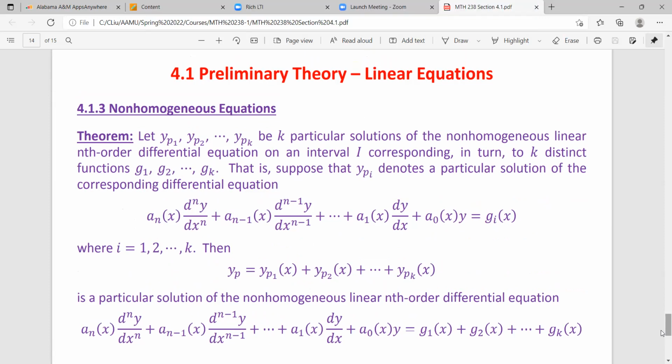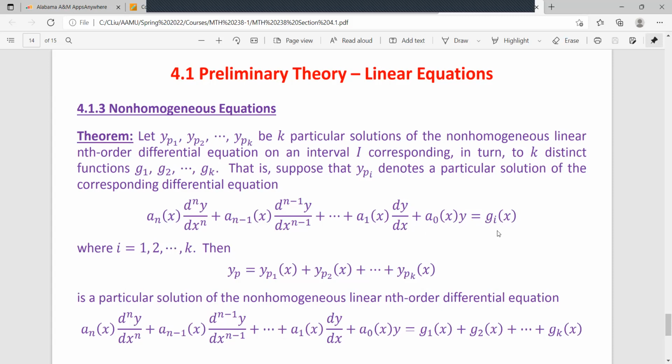We're talking about linear differential equations. So again, a differential equation in standard form is written as a_n(x) d^n y/dx^n plus a_(n-1)(x) d^(n-1) y/dx^(n-1) plus everything down to a_1(x) dy/dx plus a_0(x) y equal to g_i(x).